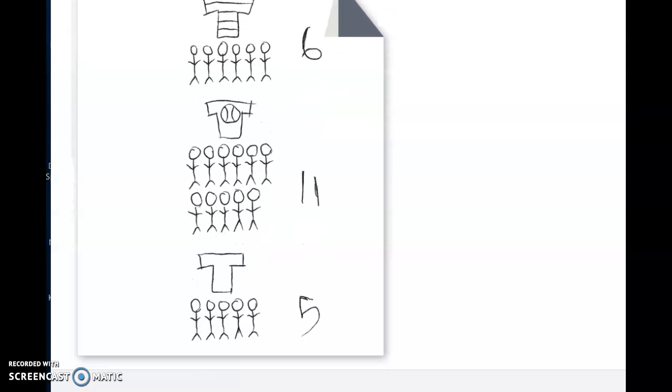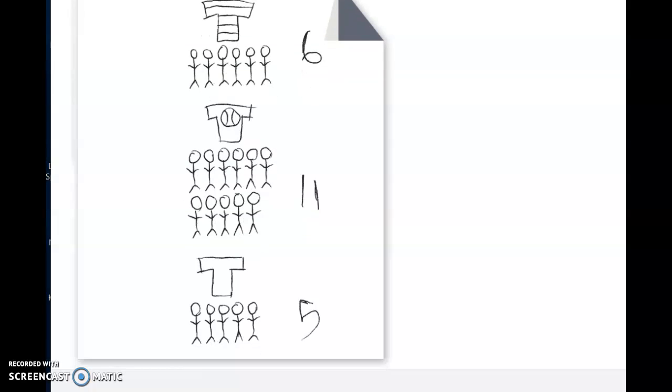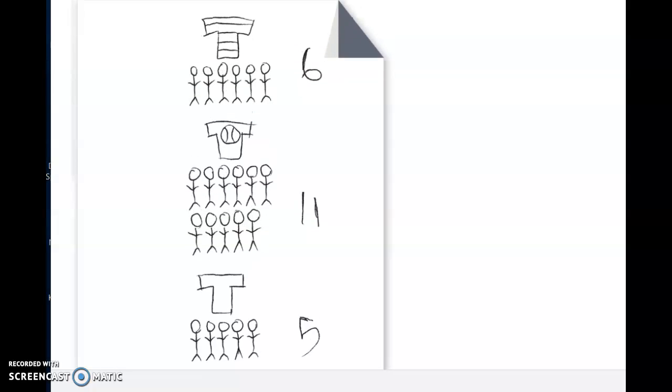This student has chosen to use a drawing, and we can clearly see that the numbers are there. And we can clearly see that they have represented the t-shirts with stripes, pictures or writing, and then plain. And we can clearly see that they have drawn one person under each category.